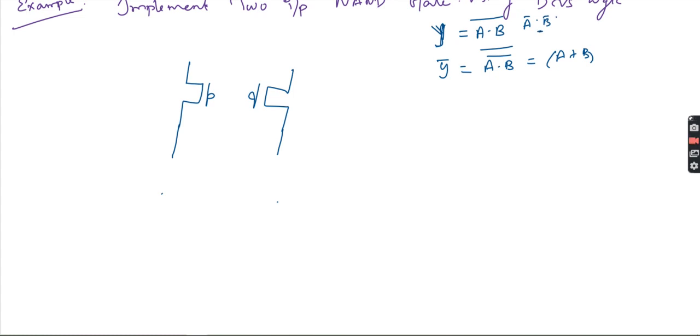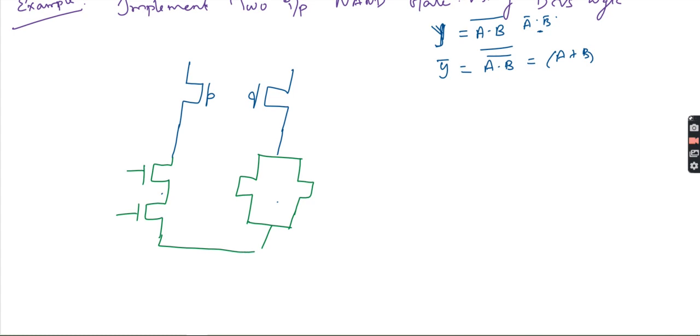Now let me implement. The first implementation is a series connection, and then here a parallel connection. Now these two will be connected to VSS, and this will be connected to VDD.